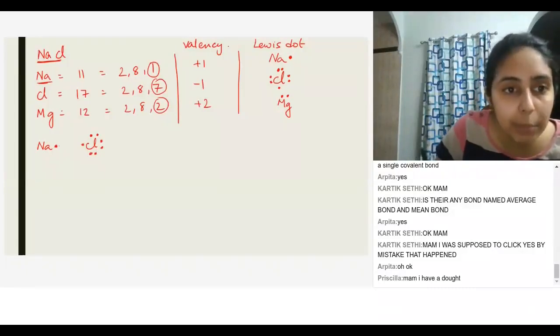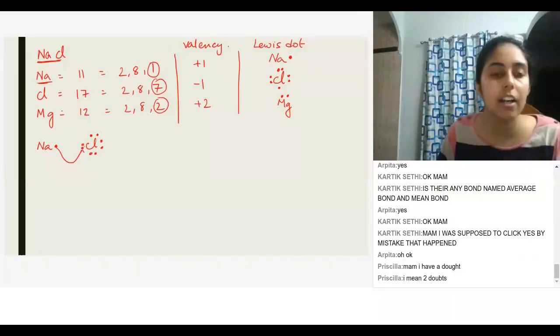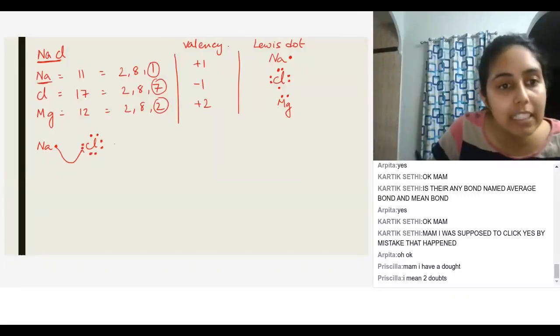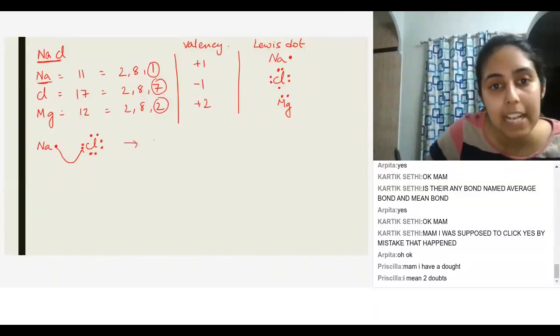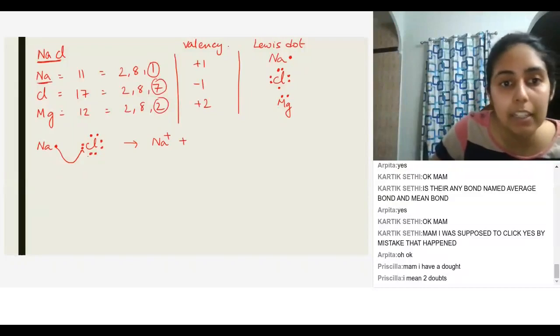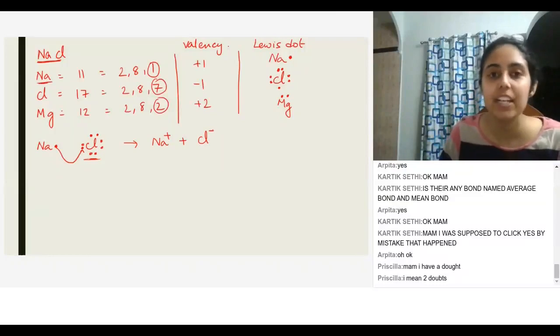So what does sodium do? It gives off this 1 electron to chlorine. Once sodium has given away its electron to chlorine, sodium becomes Na+ and chlorine has taken that electron, so now chlorine becomes Cl minus. Did you understand, Syed?